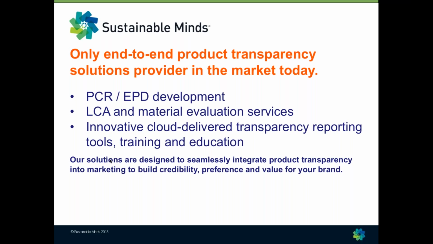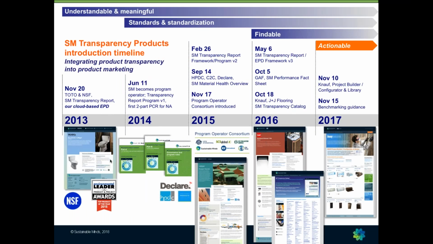And the real innovative piece is our cloud-delivered transparency reporting tools and the training and education provided along the way, to be able to operationalize these processes and methods into manufacturers' organizations, again, in a seamless, integrated way. So everything is considered from the big picture. You can see our timeline.